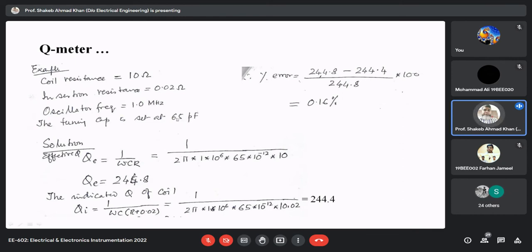So basically at 1 megahertz and 65 picofarad for the given test coil, your circuit is tuned to resonance.